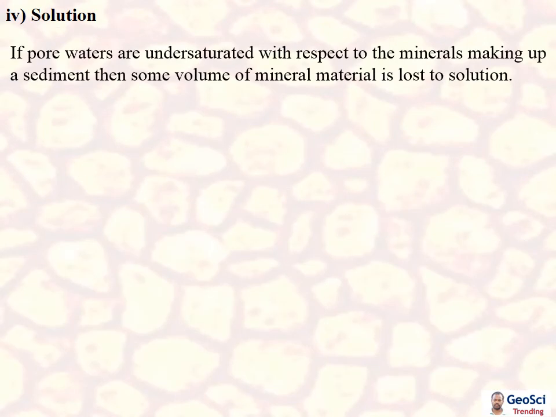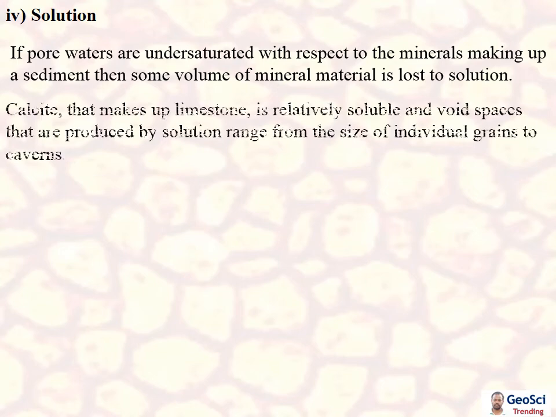Solution: if pore waters are undersaturated with respect to the minerals that make up a sediment, then some volume of mineral material is lost to solution. In this solution, the calcite that makes up limestone is relatively soluble, and void spaces produced by solution range from the size of individual grains to caverns.